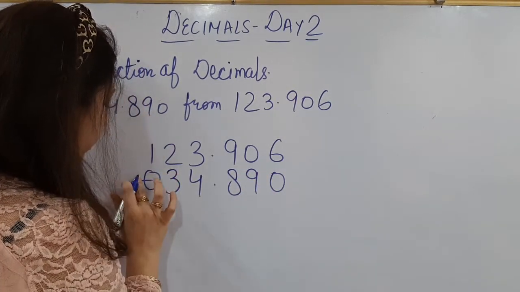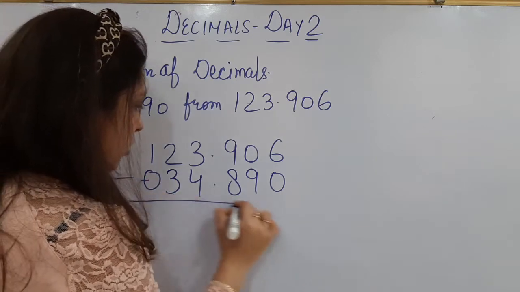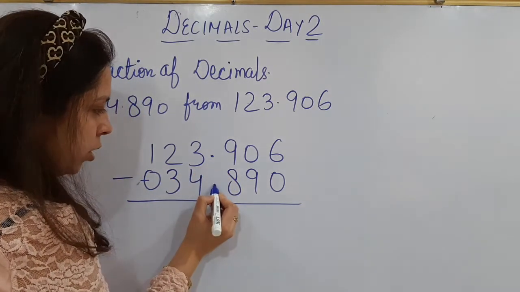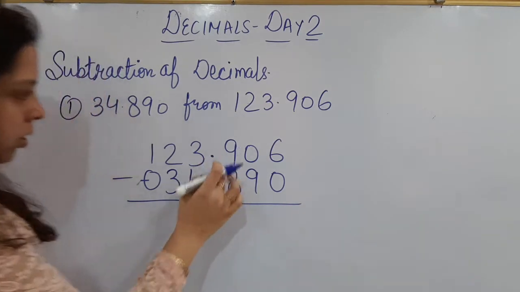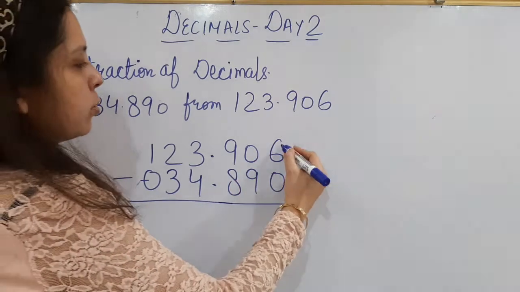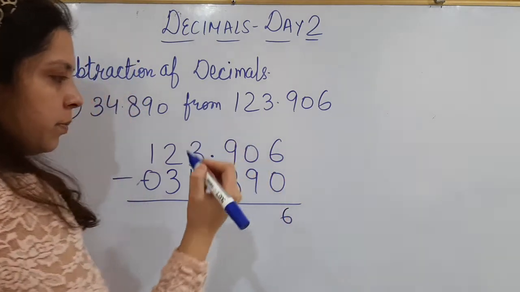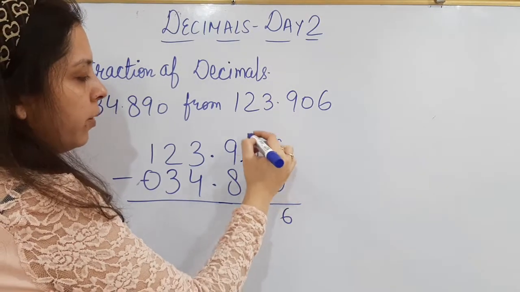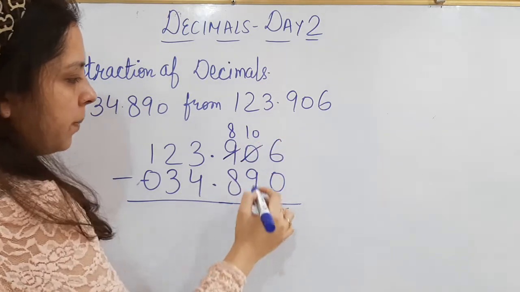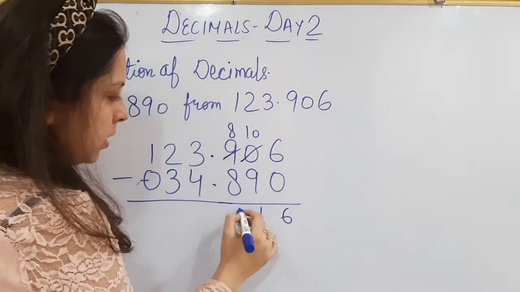Now subtract. Subtraction is the same as standard subtraction. You just keep in mind how to write decimals and write all the numbers according to their place values. So 6 minus 0 is 6. Now I can't subtract 9 from 0, so I will borrow from here and it becomes 10. So 10 minus 9 is 1. 8 minus 8 is 0.